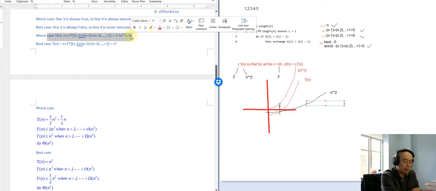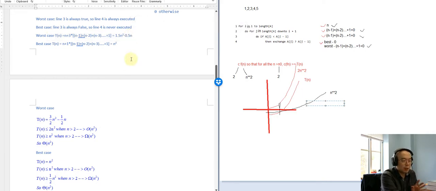And then for the best case, you gotta do something similar. You have to find the c, the f(n), and the n0 to show it is O(n squared). You also want to find another set of c, f(n), and n0 to show it is Omega(n squared). So after you have the information, it is both O(n squared) and Omega(n squared). Put them together, and you can prove it is Theta(n squared).